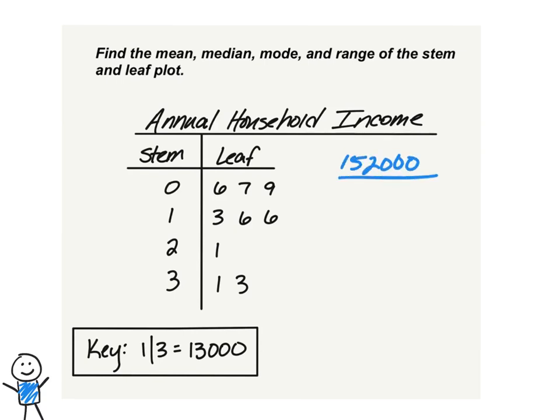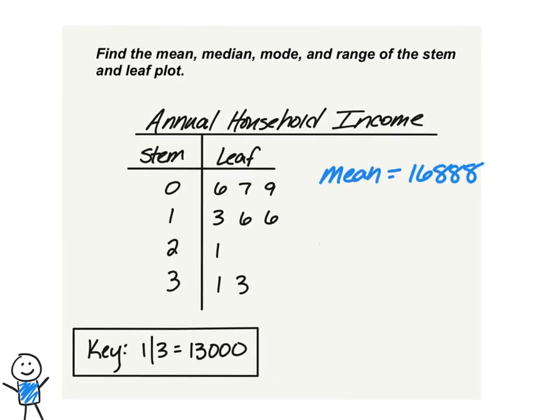Don't forget to find the mean. You have to go back and divide by how many. In this case, I have 1, 2, 3, 4, 5, 6, 7, 8, and 9 members of my data set, giving me a mean of 16,888. This represents the mean of this stem and leaf plot.